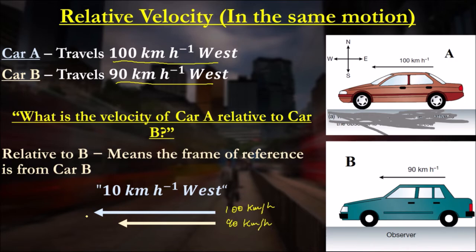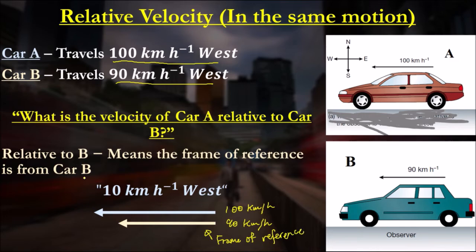They're both moving in the same direction, okay? The question is, what is the velocity of car A relative to car B? So I want to know that frame of reference.